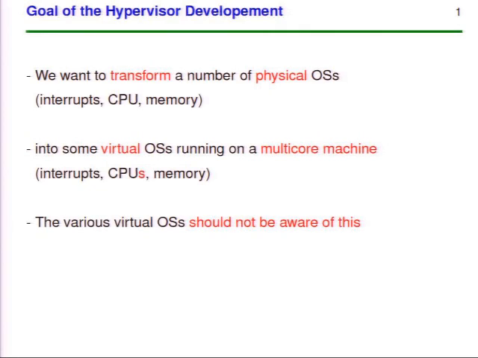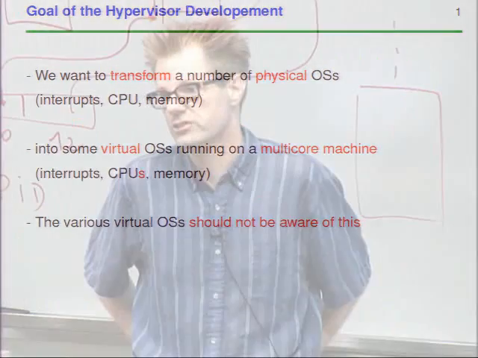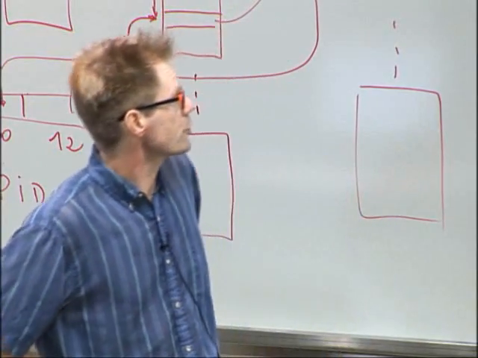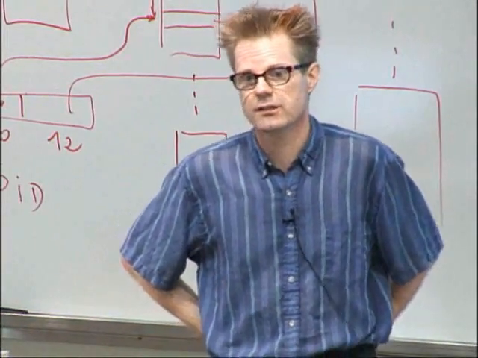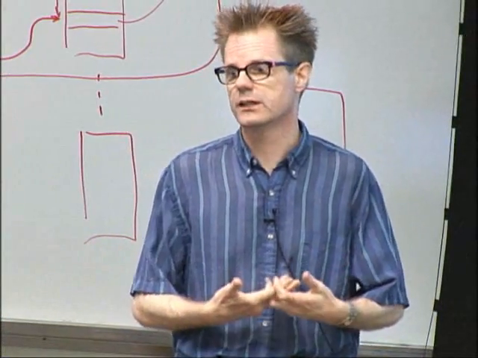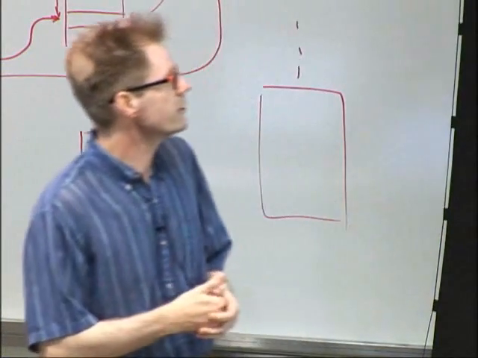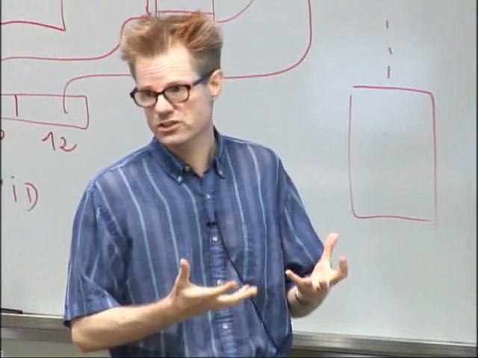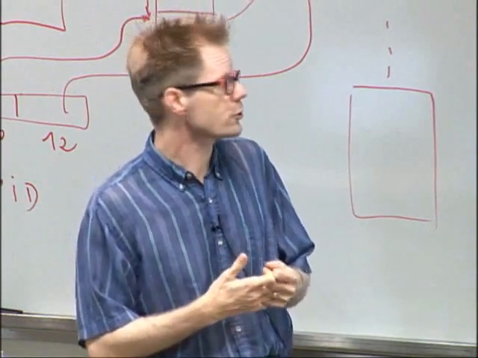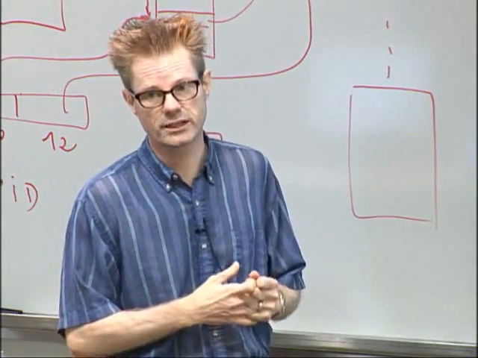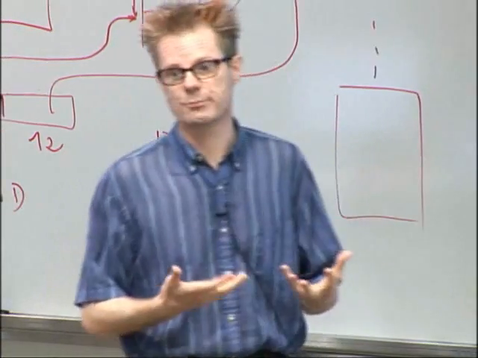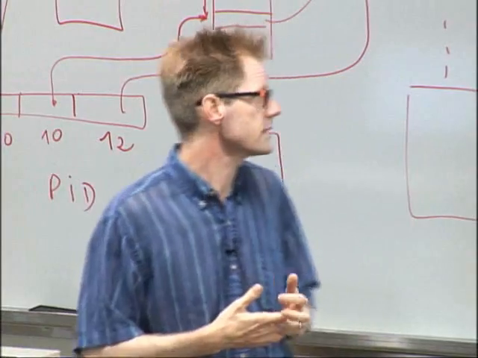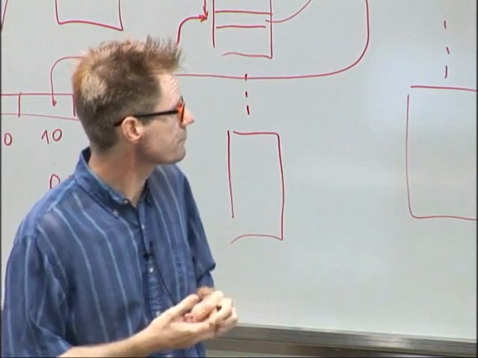So what we want to do is to produce a hypervisor. A hypervisor is a virtualizing piece of software that takes one physical hardware chip that it wants to virtually give out to a number of operating systems. Each operating system can then execute on this chip as if it had full control over the chip.